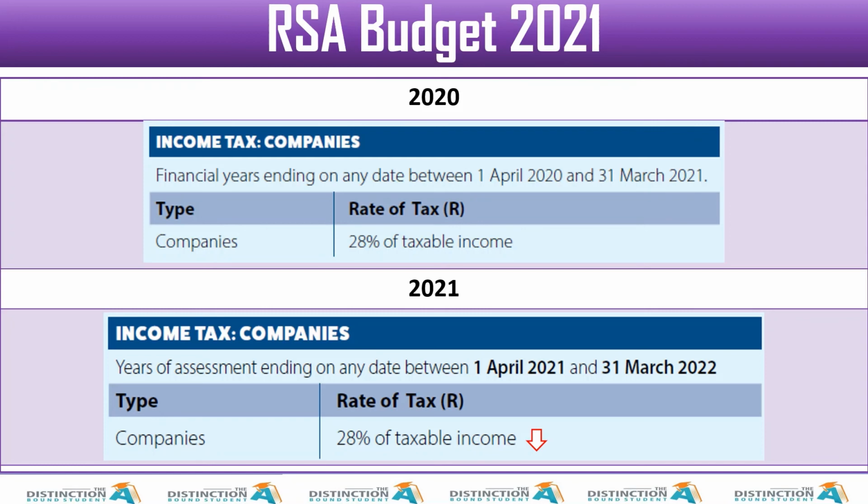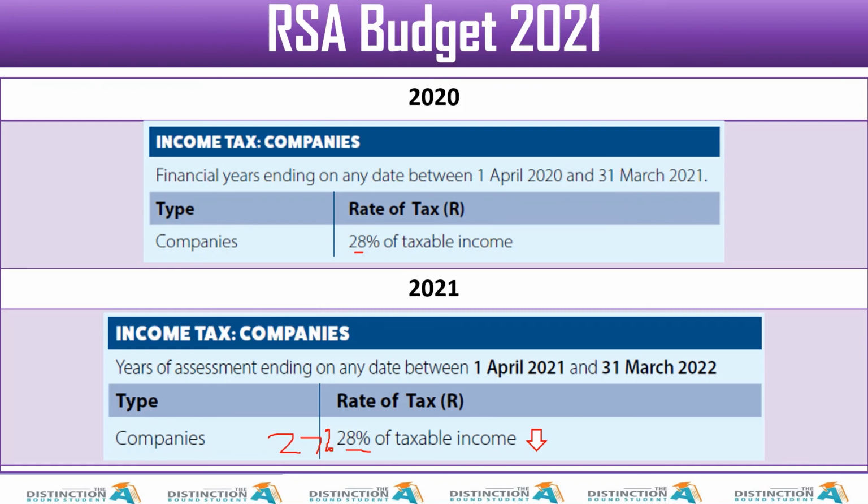Okay, moving on, here they made a mistake. It says 28, but the minister announced that it was 27%. So our corporate tax went down from 28% to 27%.